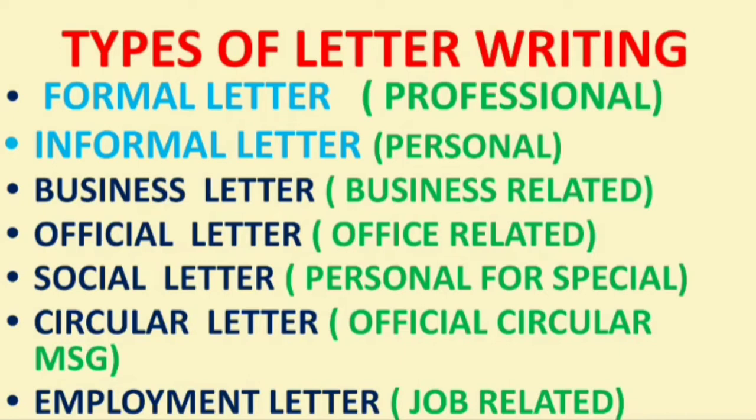What categories come under the formal letter? Business, official, circular and employment. These four categories come under formal letter. And what categories come under informal letter? The one and only category that comes under informal letter is the social letter.